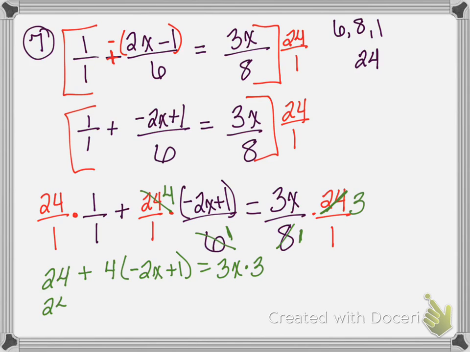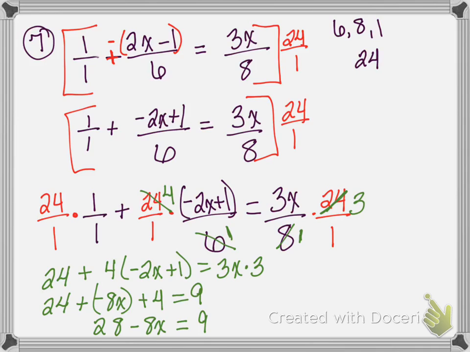So 24 plus negative 8x. 4 times negative 2 is negative 8. 4 times 1 is 4. 3x times 3 is 9. So then it looks like I have 28 minus 8x.